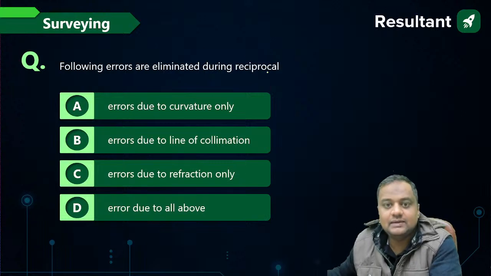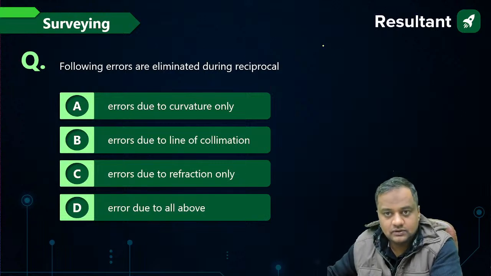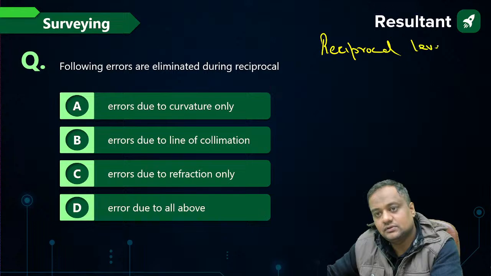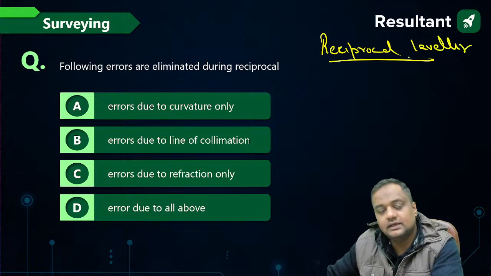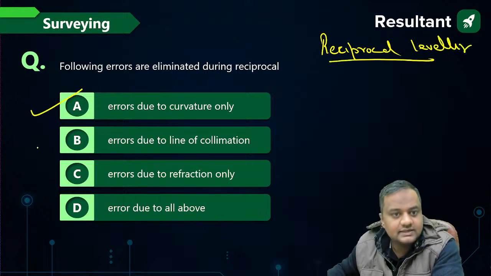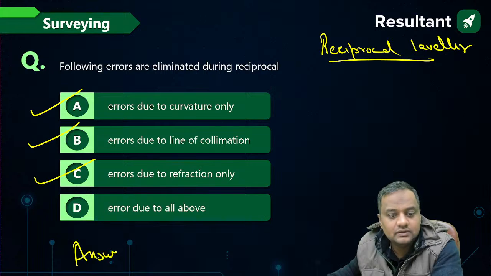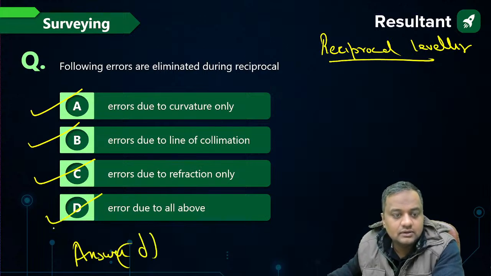Following errors are eliminated due to reciprocal leveling. If you see the complete derivation, then curvature error is eliminated, line of collimation error is eliminated, and error due to refraction is eliminated. So the answer will be D.